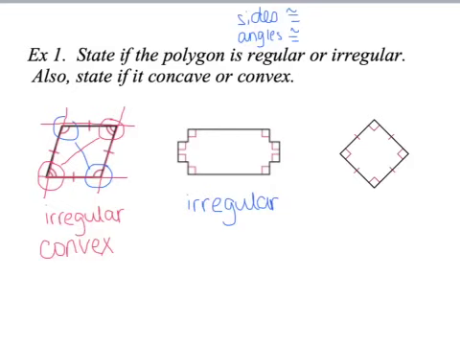Well, let's draw. That's convex. But right here, this side passes through the polygon. So it goes inside of the polygon, which means this polygon is concave. Hopefully you guessed concave.